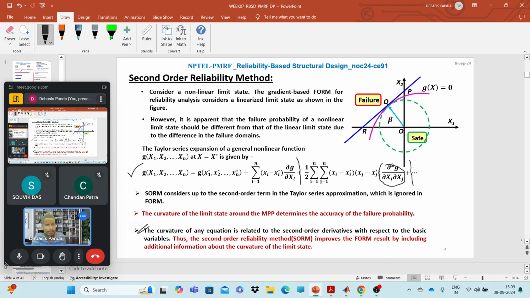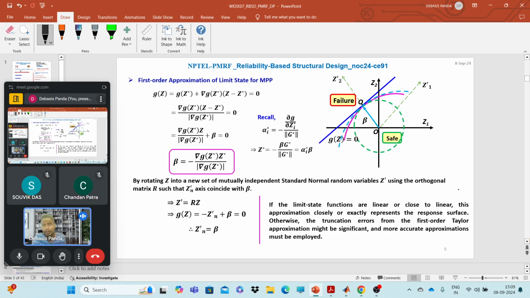So let's see, in first order approximation we have seen that we truncate this series. This is the g(z). Already we have seen this formula. This is nothing but the Rackwitz-Fiessler algorithm we have already solved in the first order reliability method. So what we have done in the first order reliability method is truncate the series up to the first order term. We transform the limit state function into the standard normal space.